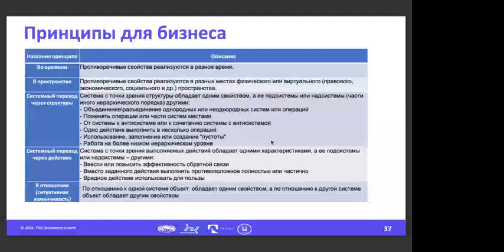But we reviewed two principles, and by doing that, we made a systemic transfer through structures and actions, which is reflected in this business list, which I noted before.